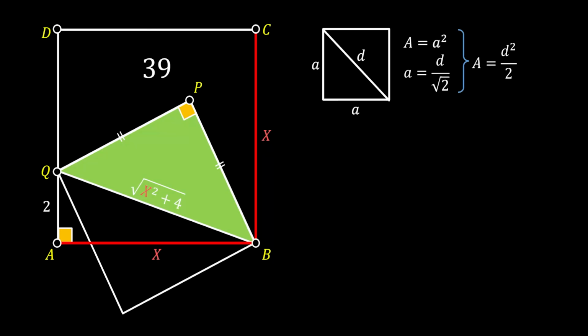Or, if we simplify, we will get that the area of the square equals d squared over 2. Now, if you take a look at our sketch, we can actually calculate the area of the square as BQ squared over 2, since BQ represents the diagonal of our square.